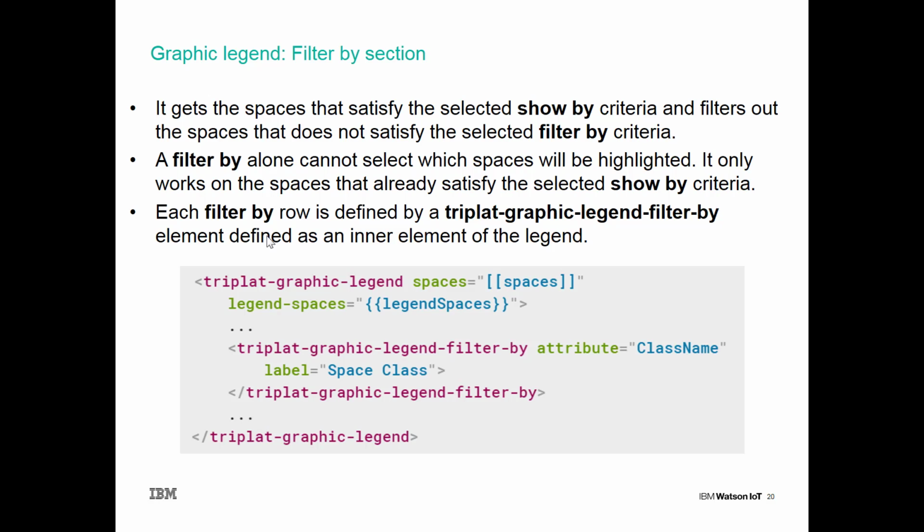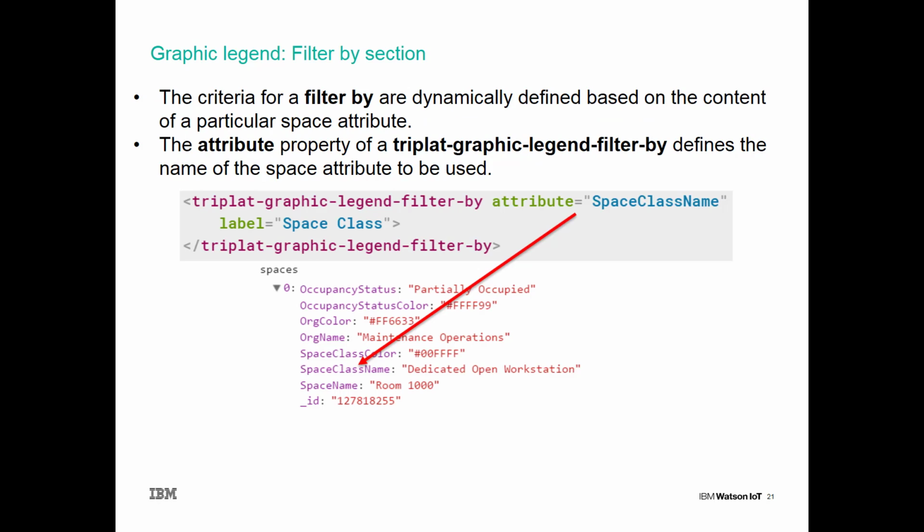Each filter by row is defined by a triplat-graphic-legend filter by element that is defined inside the graphic legend. The list of the criteria for a filter by is dynamically defined based on the content of a particular space attribute. It's similar to the show by.